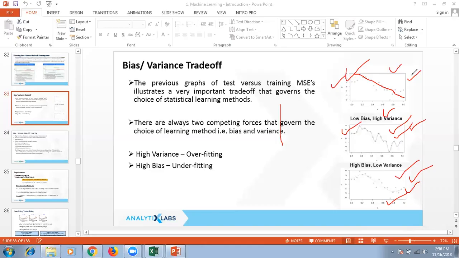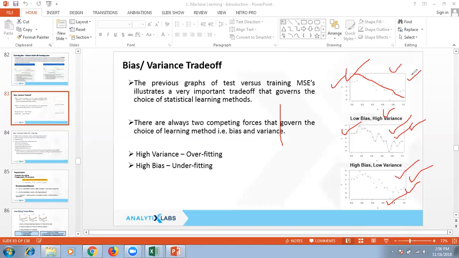What do you mean, low variance? When we are looking at the accuracy, I'm not just looking at the accuracy on the training data. I'm looking at the accuracy on the testing data. Which model will give me the highest accuracy on my test data? So that means the model should be validated.